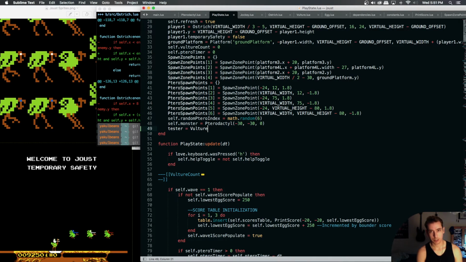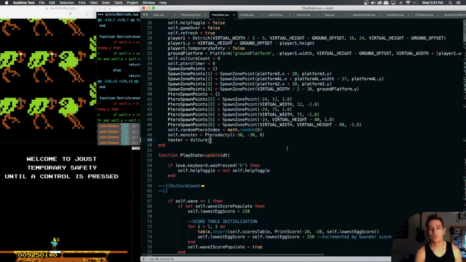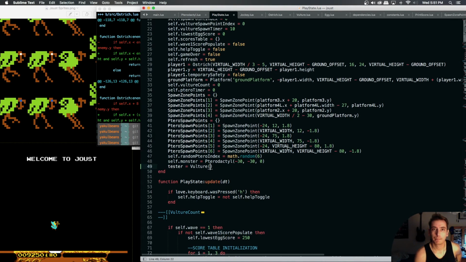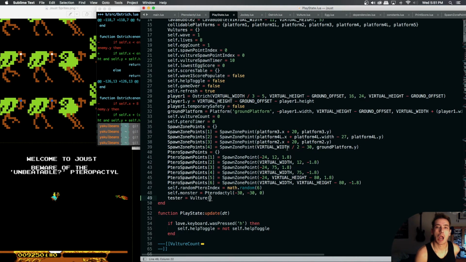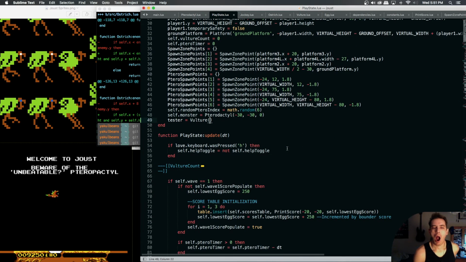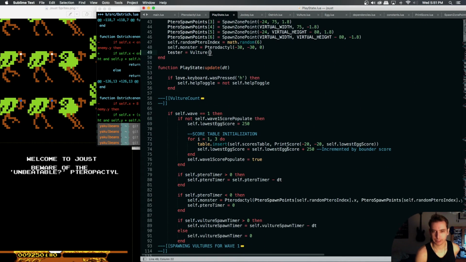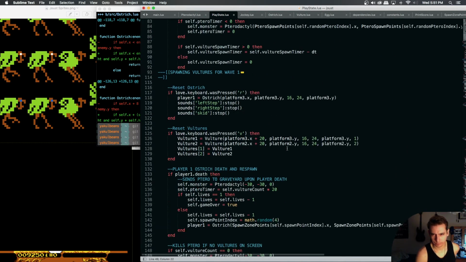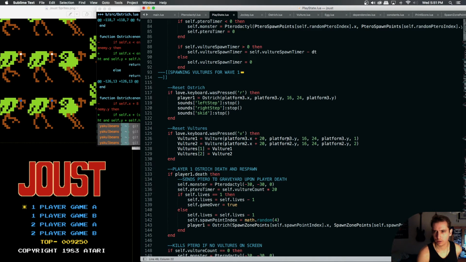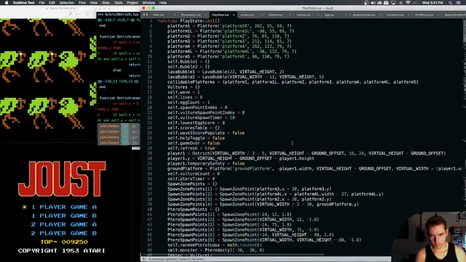The vulture instantiation takes an X, a Y, a width, and a height, which, if we look at our vultures, when we spawn them, let's see. We just need this.